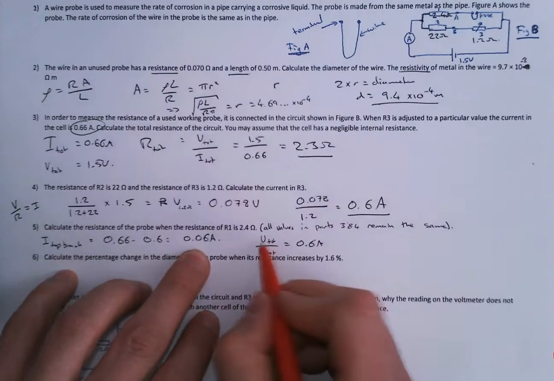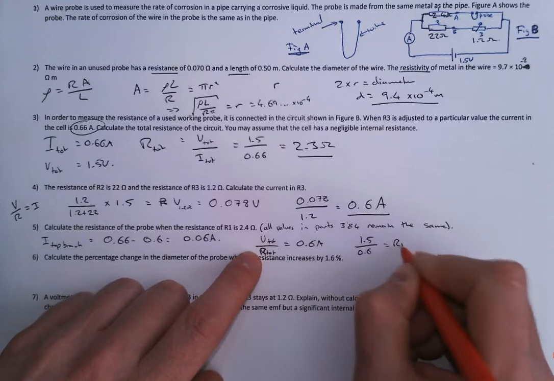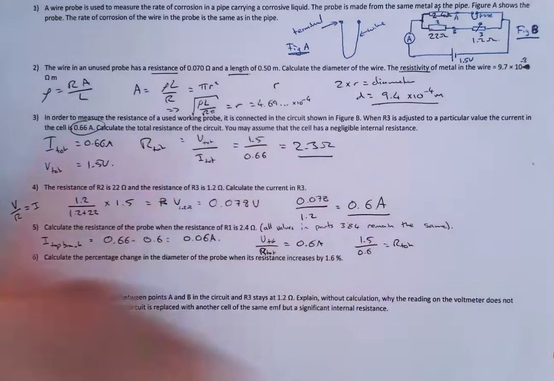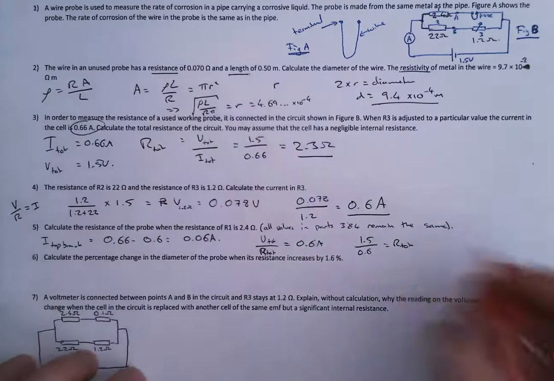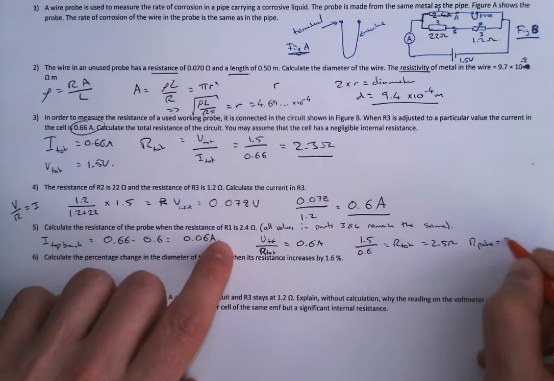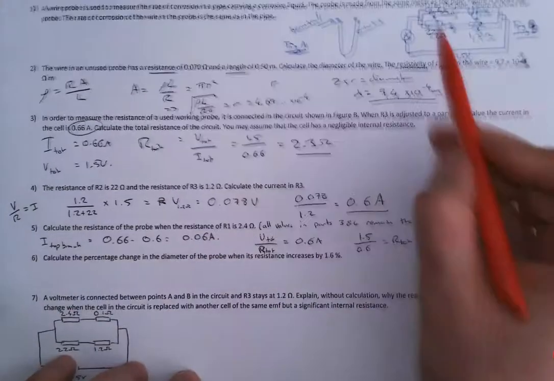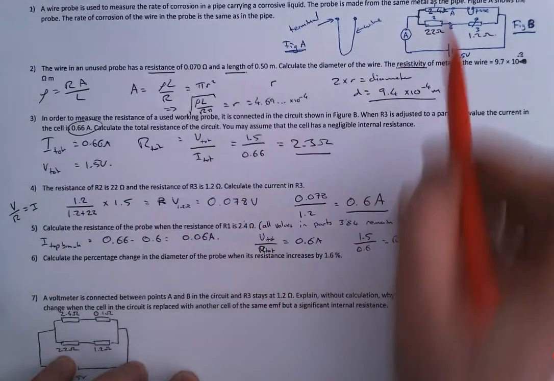We know that the potential difference is 1.5, so 1.5 over 0.6 gives us the total resistance of the top branch, which is 2.5 ohms, and then the resistance of the probe is going to be 2.5 minus 2.4, which is 0.1 ohms. It's obviously the difference between the total resistance of the whole branch minus the resistance of this first resistor.